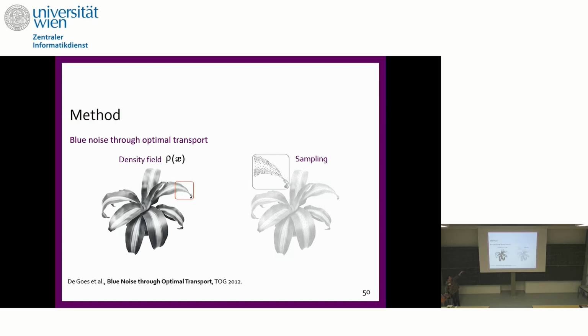To apply the same kind of optimal transport setting that was used for point patterns, where the function that I was talking about, the rho of x, was the density coming from an image. Here, the density would come from what?